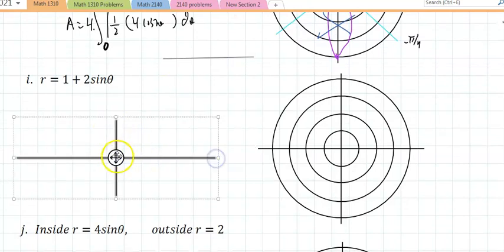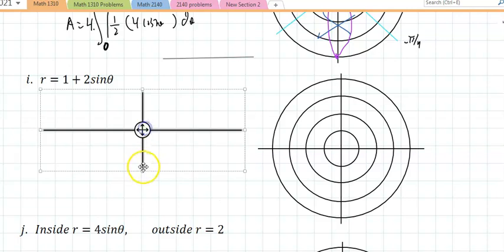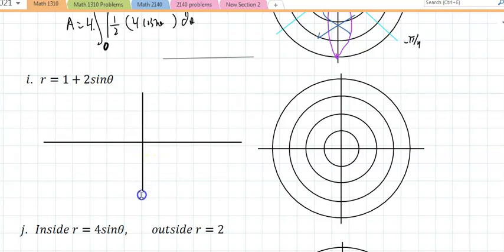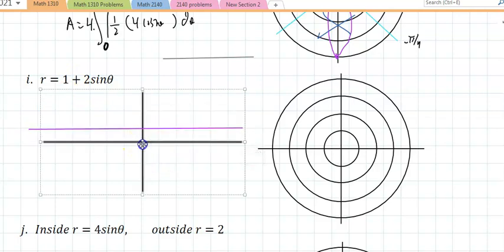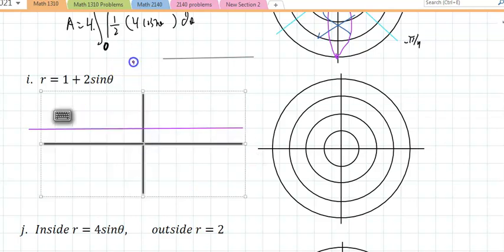This is the one with the loop, so let's get that out of the way. And here we are. We go to r equal 1. I just need to bring that down just to see it better. There we go. And we go up 2 units and down 2 units.